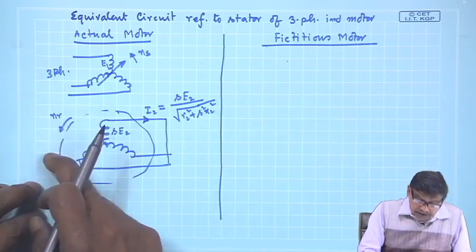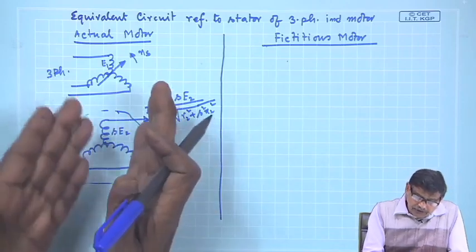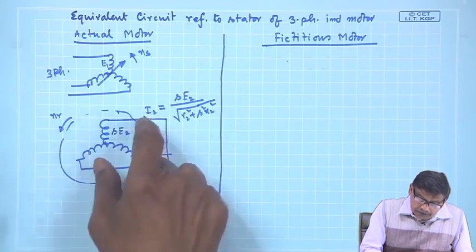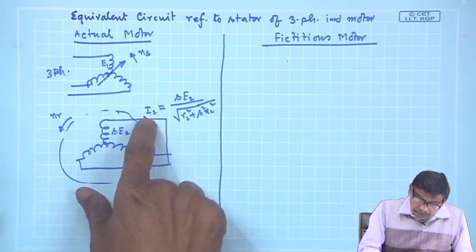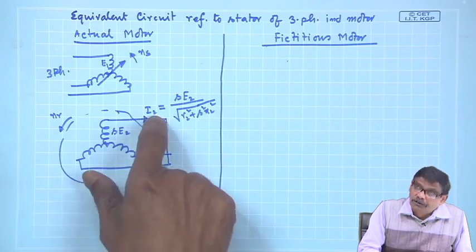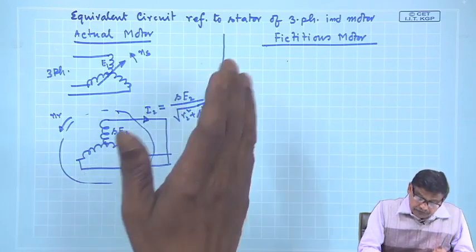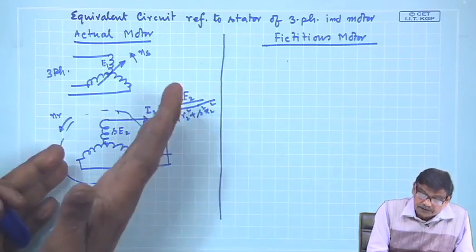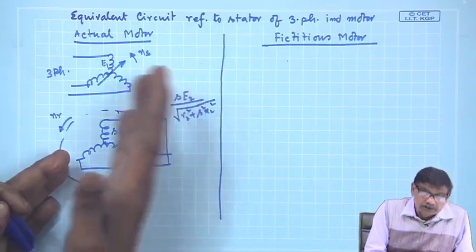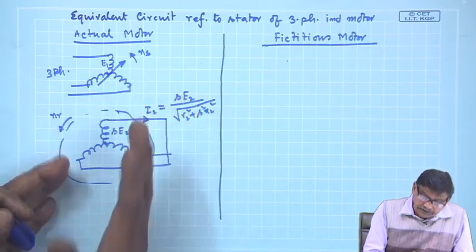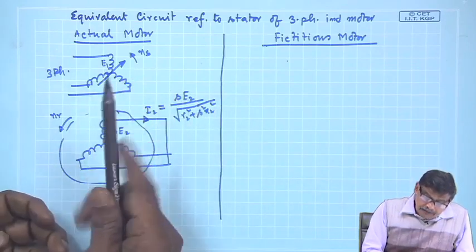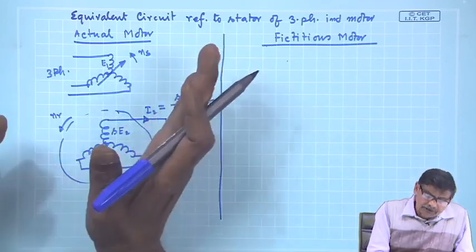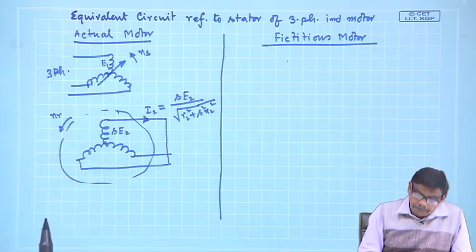Although the rotor is rotating with an earth speed, the magnitude of the rotor field depends upon the maximum value of this current, root 2 into I2, and where the rotor field is positioned depends on the power factor angle of the rotor circuit. Anybody sitting on the stator will see a rotor field is produced and it is moving.